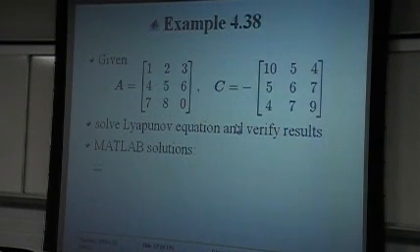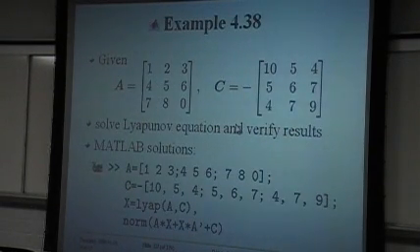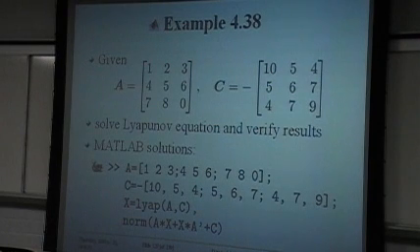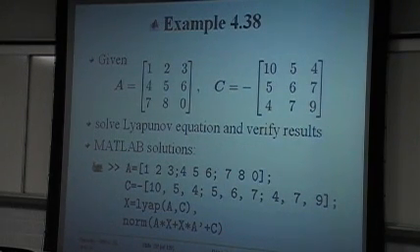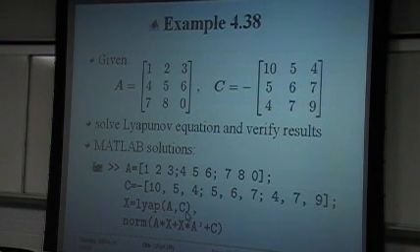So let's consider an example first. Suppose A and C are given matrices. How can we solve the Lyapunov equation, and how can we verify the result? To solve the problem, we need to enter A and C first, and then call the lyap function.